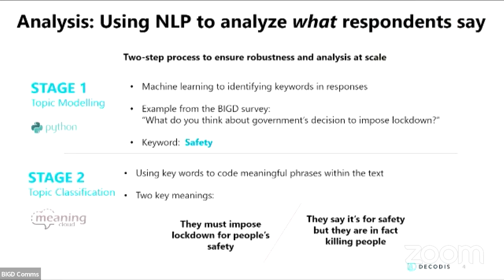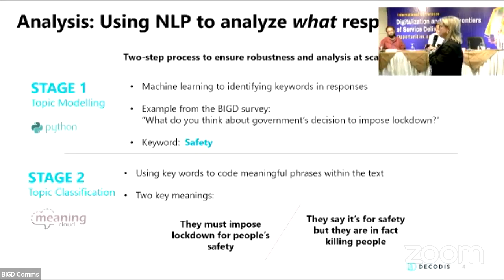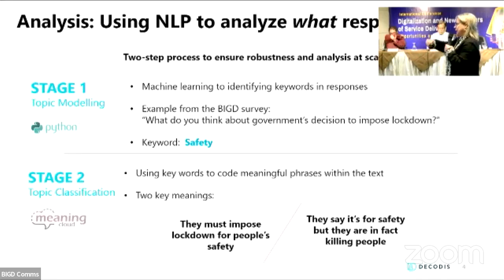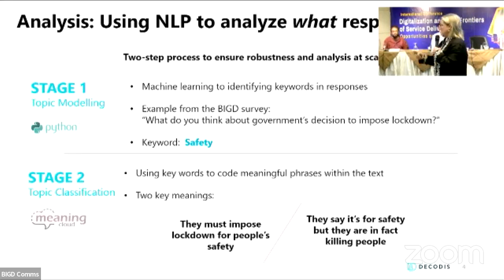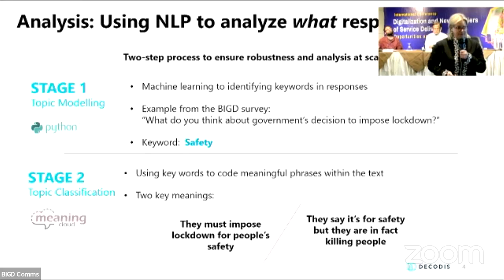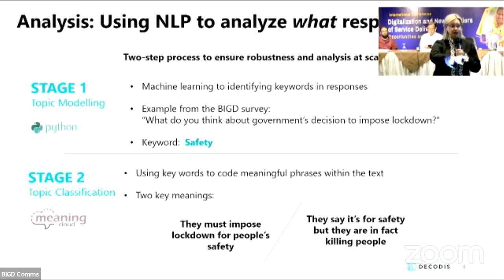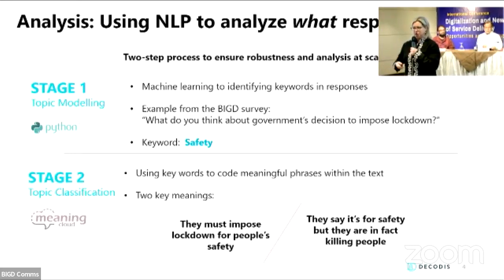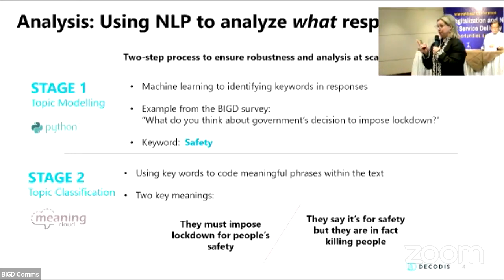So they could say something like, the government, they must impose the lockdown for people's safety, but they could also say, they say it's for safety, but it's actually killing us. Two totally different meanings. And so we use a program called Meaning Cloud, and we do topic classification, and we find we need both in social sciences.